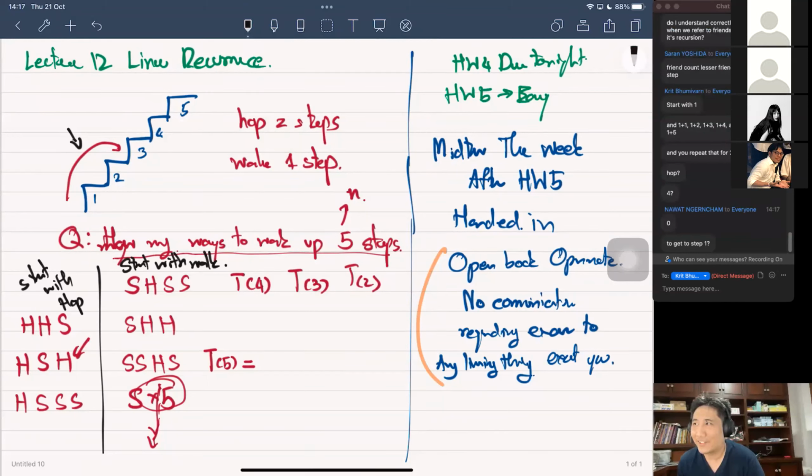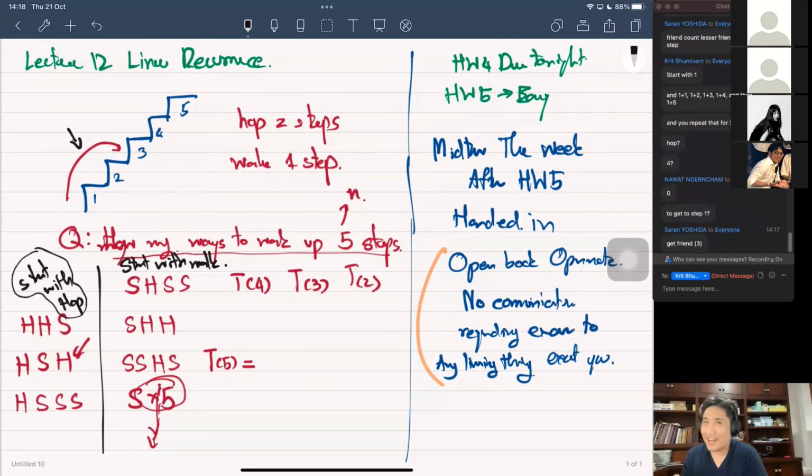That's a real question. What's the question left that you need to do? If you want to count the number of ways that you start with a hop, you have 3 steps left. What would you do? You're not going to count yourself. You're going to ask your friend, Mr. Tree, how many ways are there?